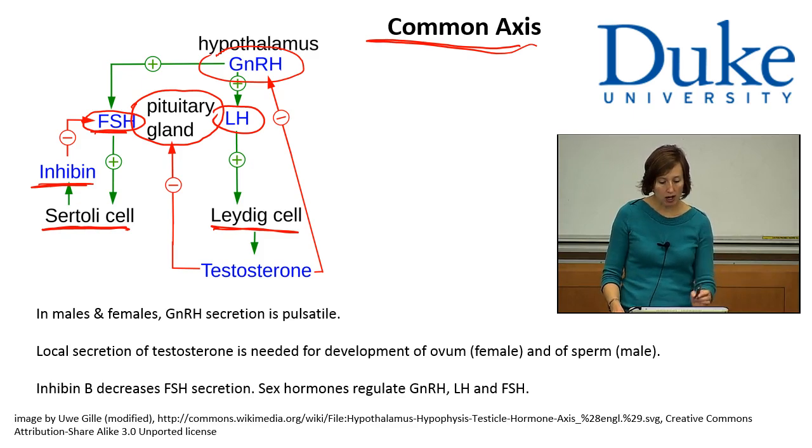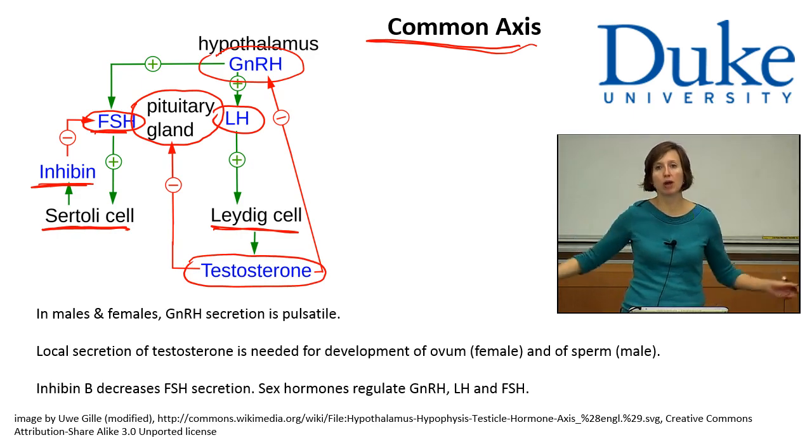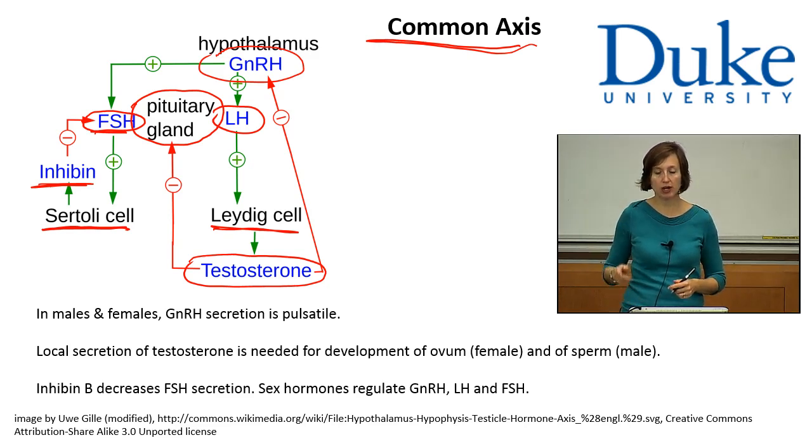And it will cause Leydig cells to produce testosterone, which will be required for forming sperm and will also act in a negative feedback manner on the pituitary and the hypothalamus.